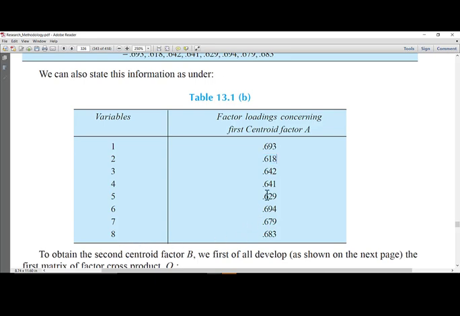That way we can understand. Here, particularly 0.694, that is the sixth variable, is more related to this centroid factor A compared to other variables.